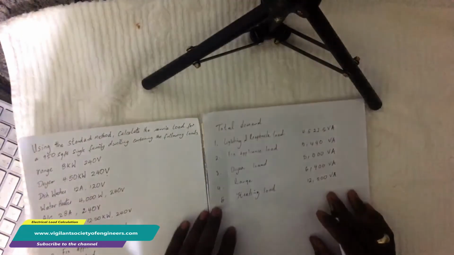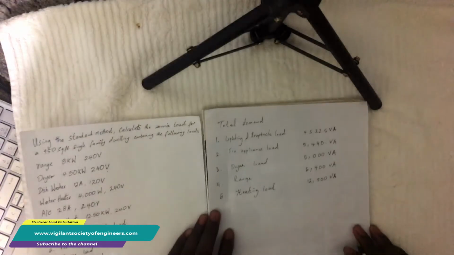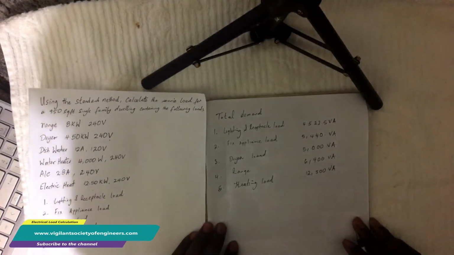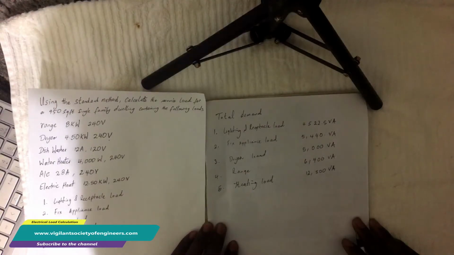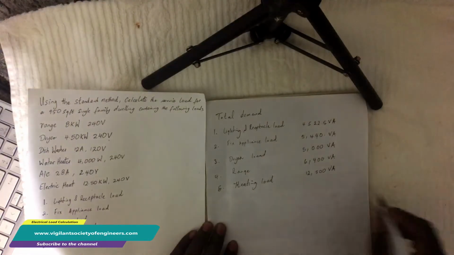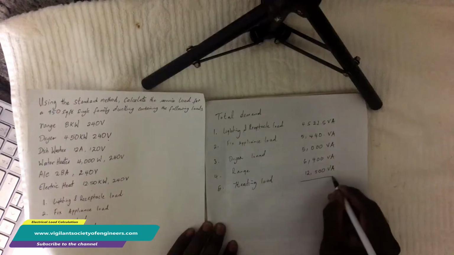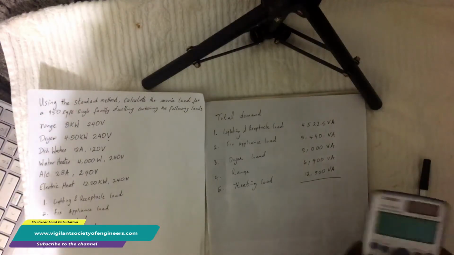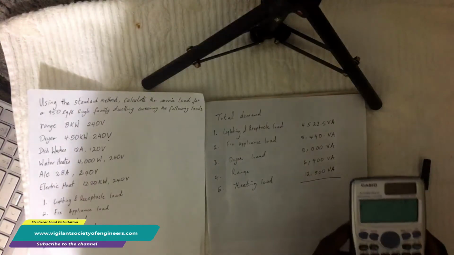So all we've got to do here is just add the values, knowing that we already applied the demand from the initial part of the procedure.